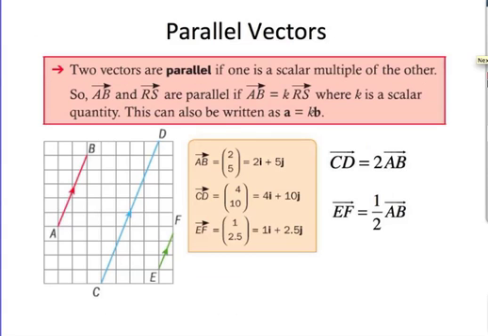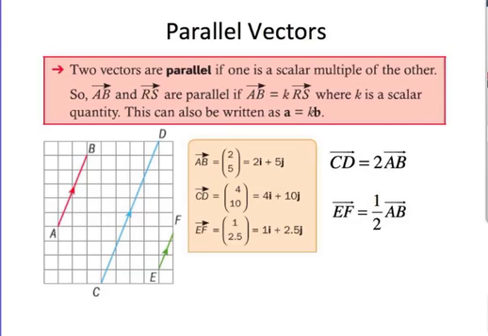Parallel vectors. 2 vectors are parallel if one is a scalar multiple of the other. So again, that means if you can multiply the length of one by some quantity and you get the length of the other, they're parallel, as long as their components are in that same scale factor.